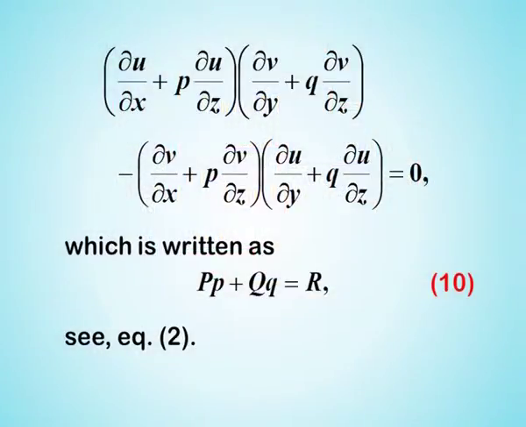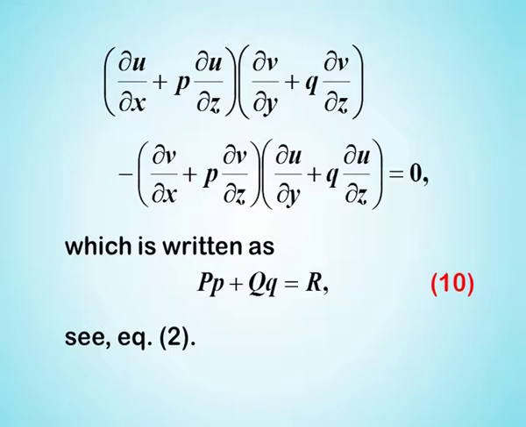This small p is nothing but dz/dx, and this q, as you have seen in equation 9, is dz/dy. R also is a function of x, y, z. So I have given here, please see equation number 2 as a reference.